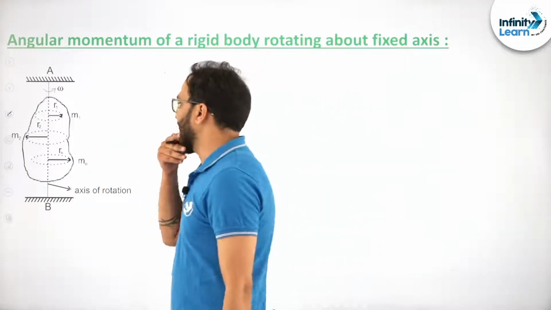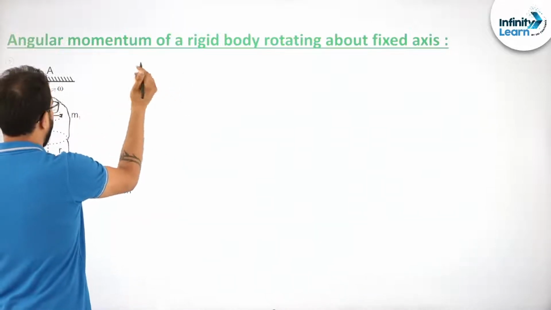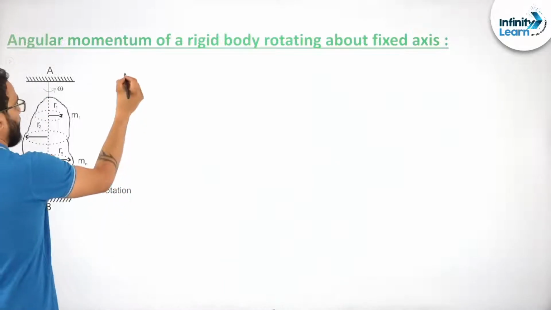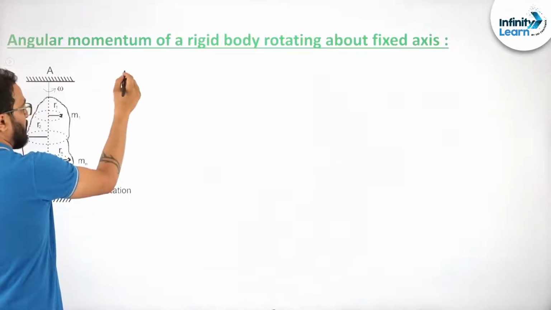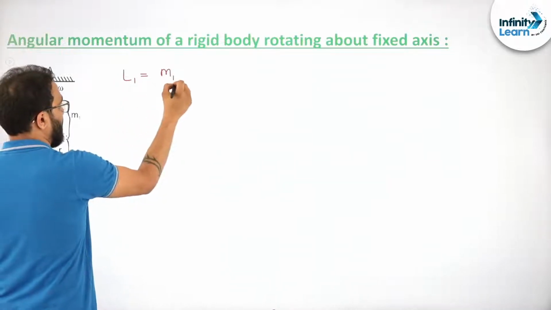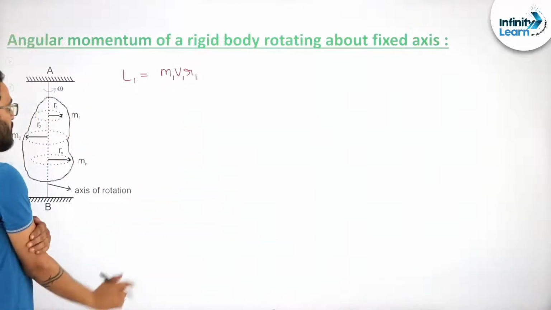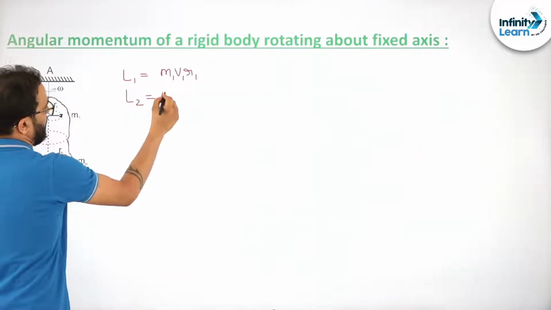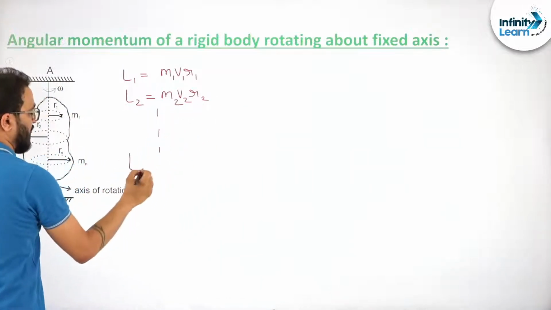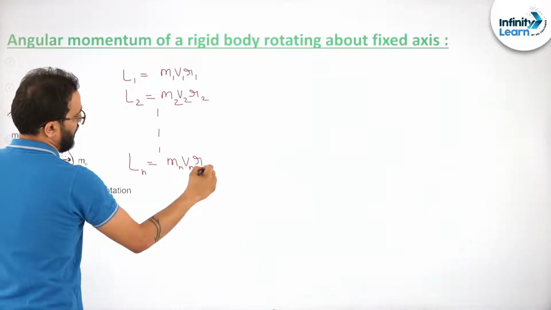They are performing circular motion, so the angular momentum of every point mass will be L1 = m1 v1 r1, then L2 = m2 v2 r2, up till Ln = mn vn rn.